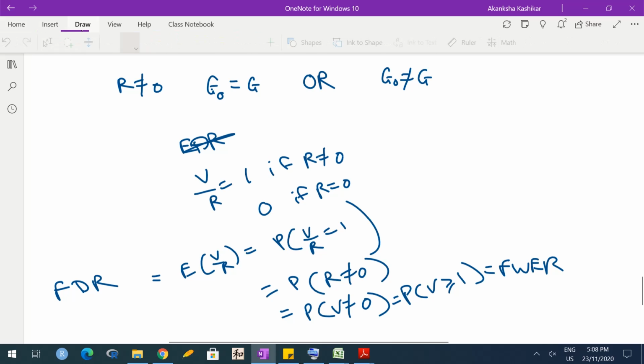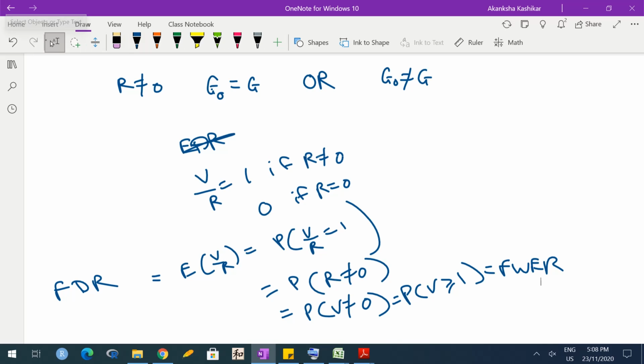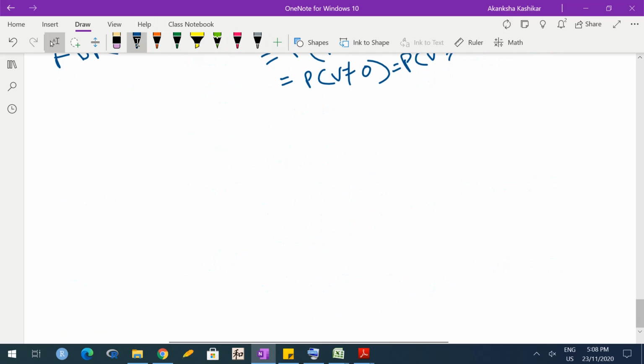Okay. And what happens when G naught is less than G? So if G naught is less than G, then V by R is of course less than or equal to 1, right? Because V is total number of false rejections and R is total number of rejections.